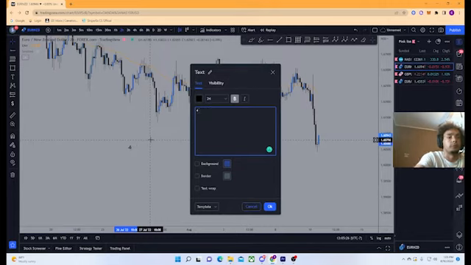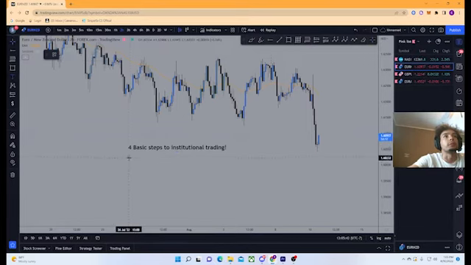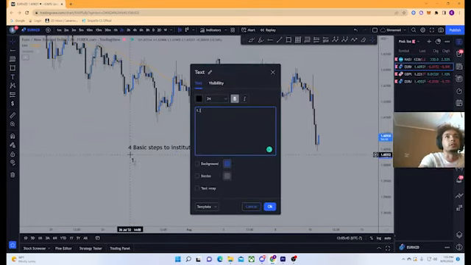4 basic steps to institutional trading. The first thing that we are going to talk about, number one, is directional bias, and finding the last leg of impulse.